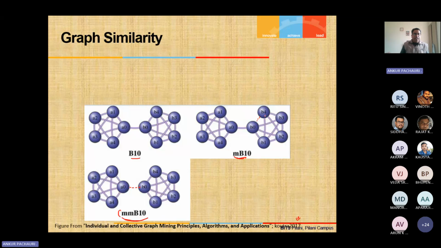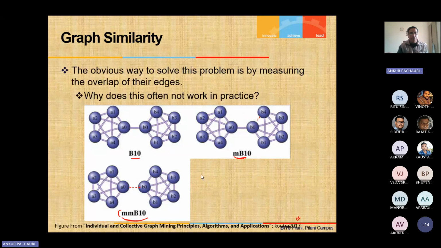So similarity scores should not be focused only on the number of missing edges. They should also take care of the type of missing edges, which hampers a lot.